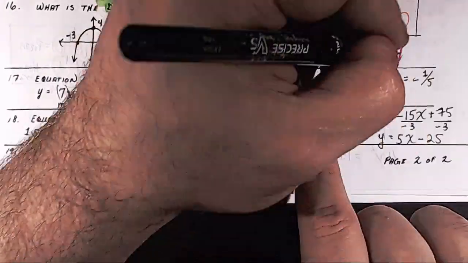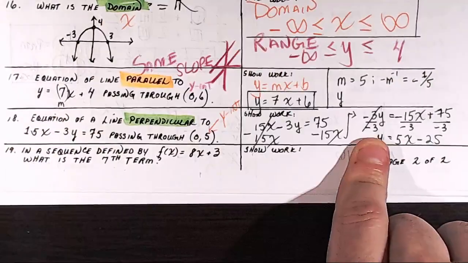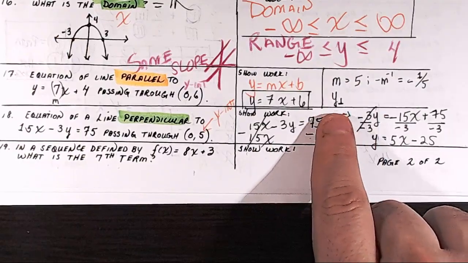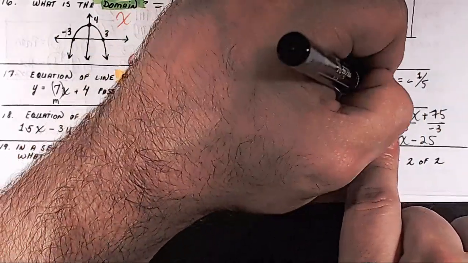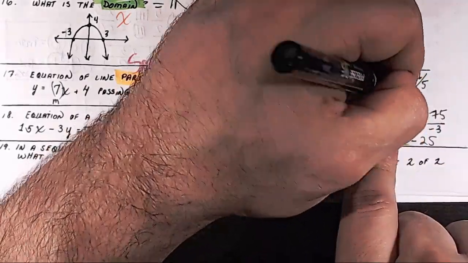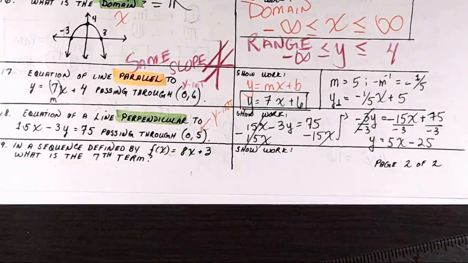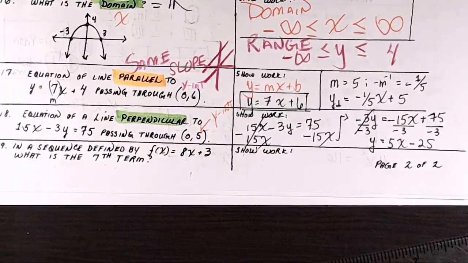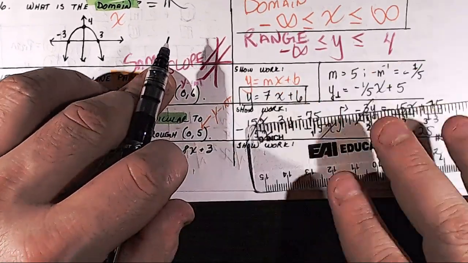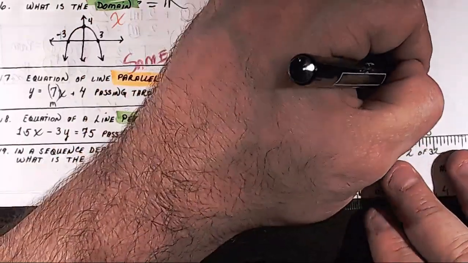I've got the perpendicular line, so y perpendicular, that's a little perpendicular symbol, equals negative 1/5 x plus 5.